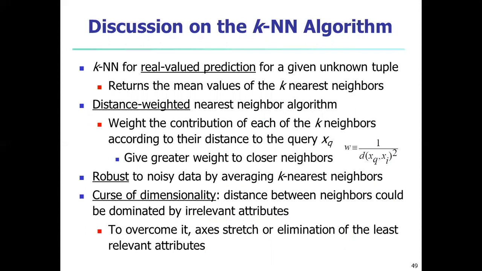In kNN we can also do real-valued prediction for a given unknown tuple. It returns the mean value of the k nearest neighbors.